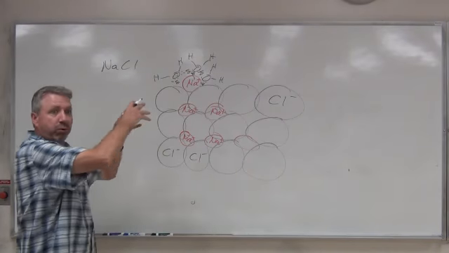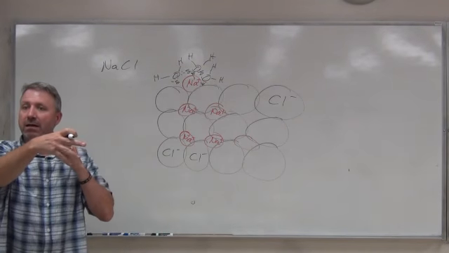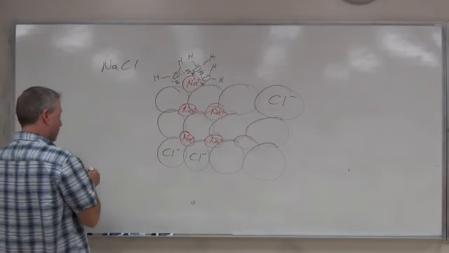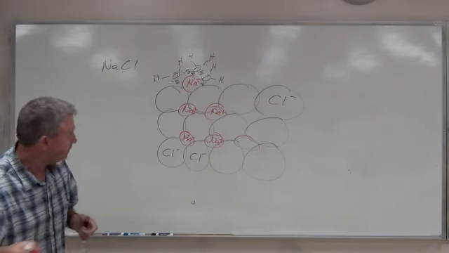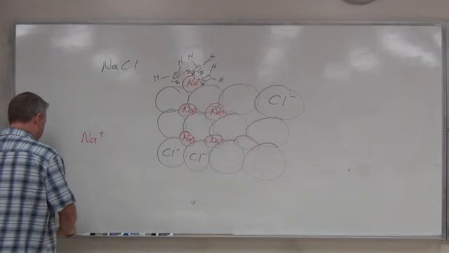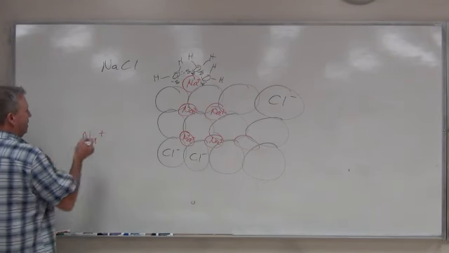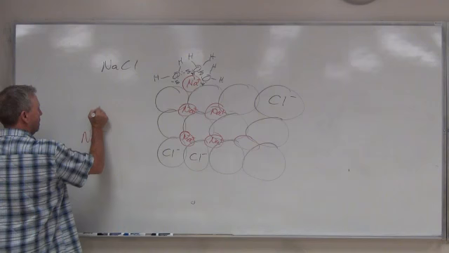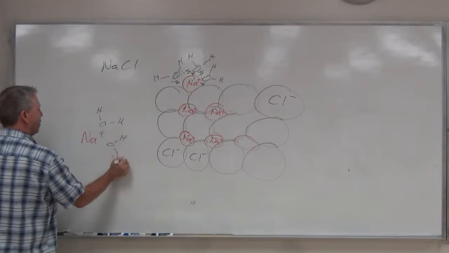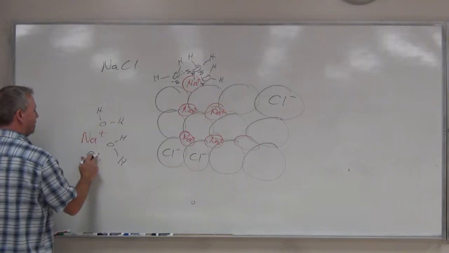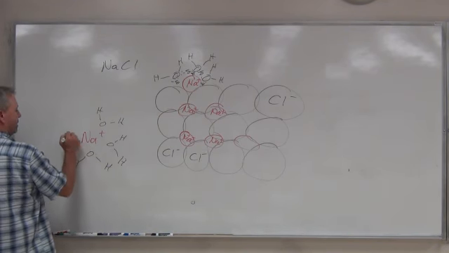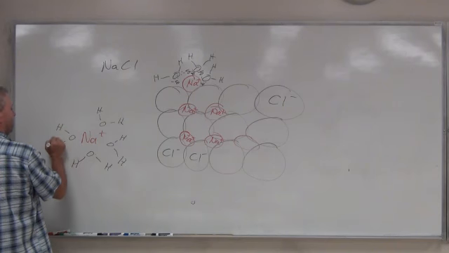And the water will pluck that sodium ion off the crystal structure, and then it will surround it. So we'll have this little sodium plus, and then it will be surrounded by these water molecules. But they'll always be oriented with their negative side in because the sodium is positive.